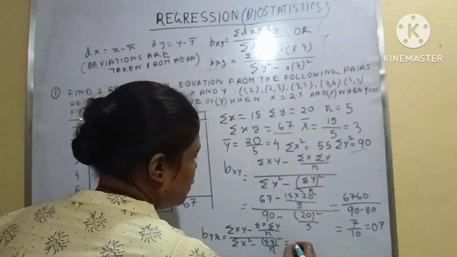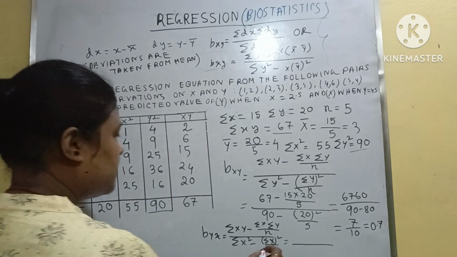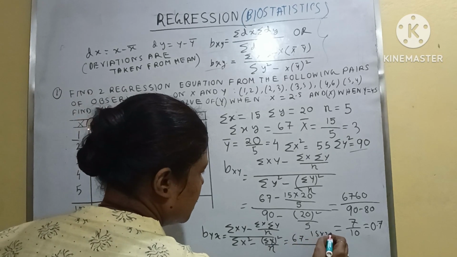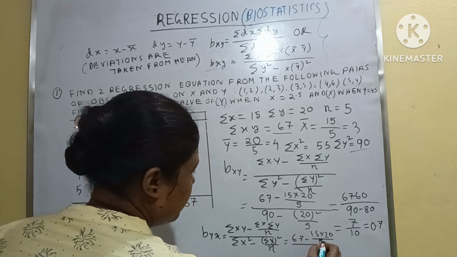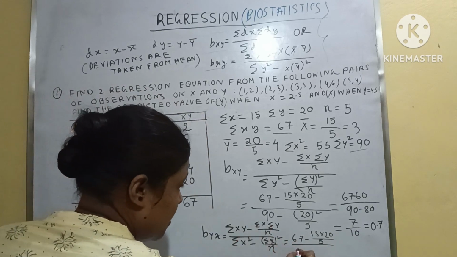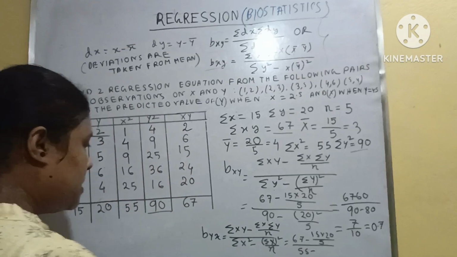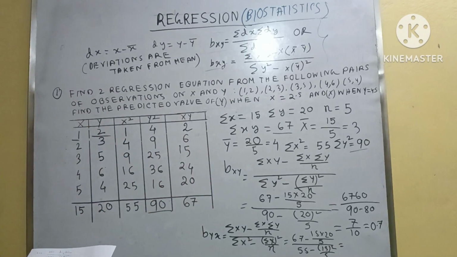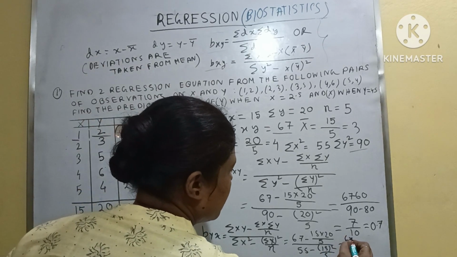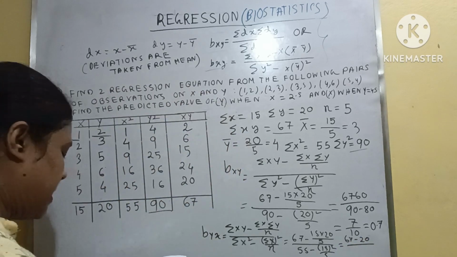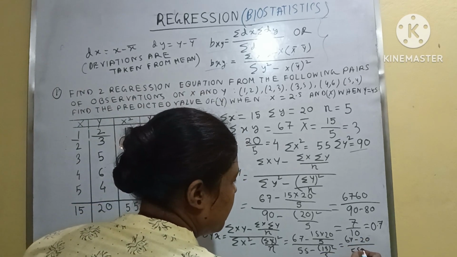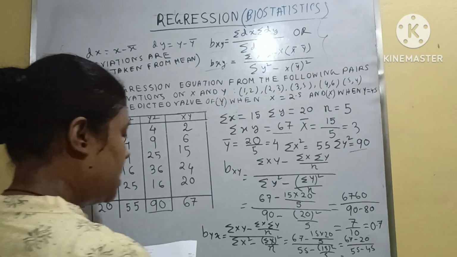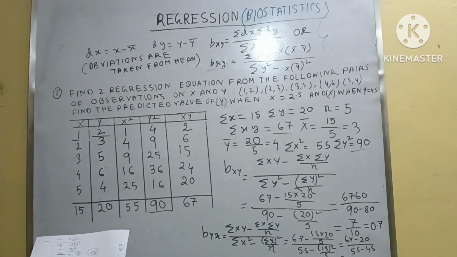So just put the values. 67 minus 15 into 20 by 5, and here the value is 55 minus 15 square by 5. So what is the answer? That means 67 minus 60 divided by 55 minus 45. So the answer is 7 by 10.